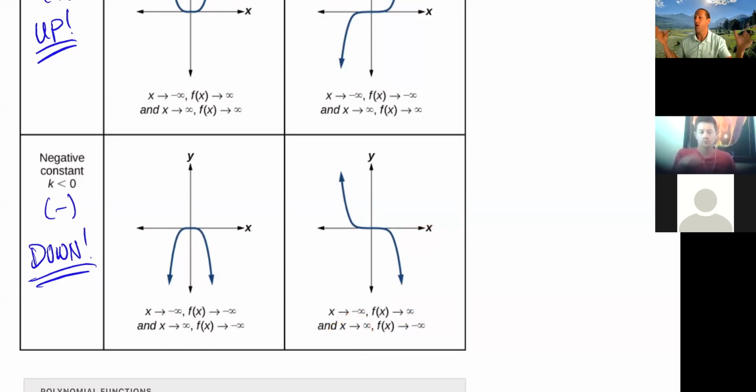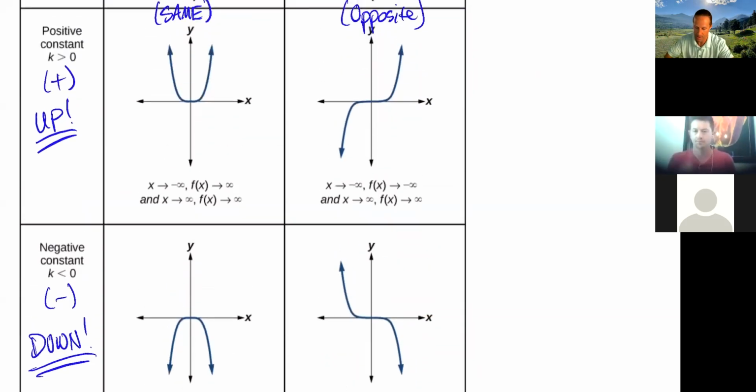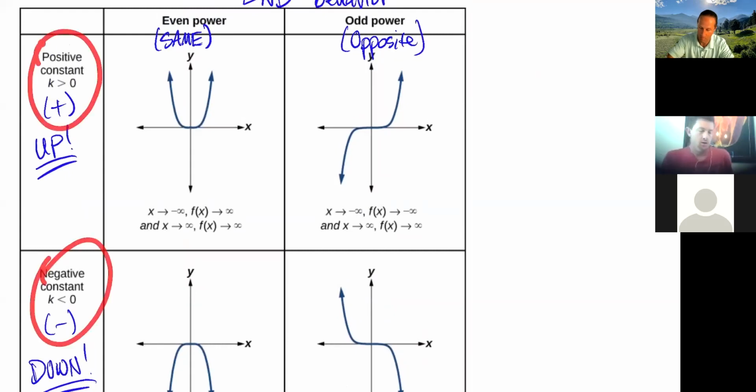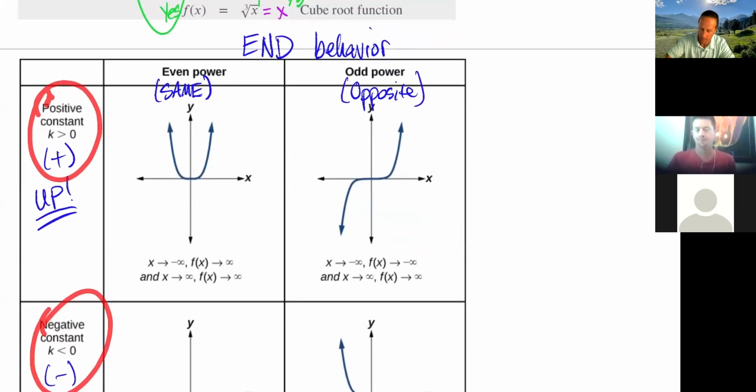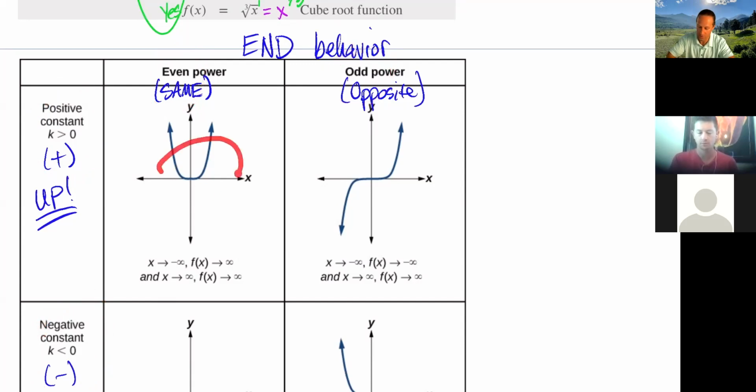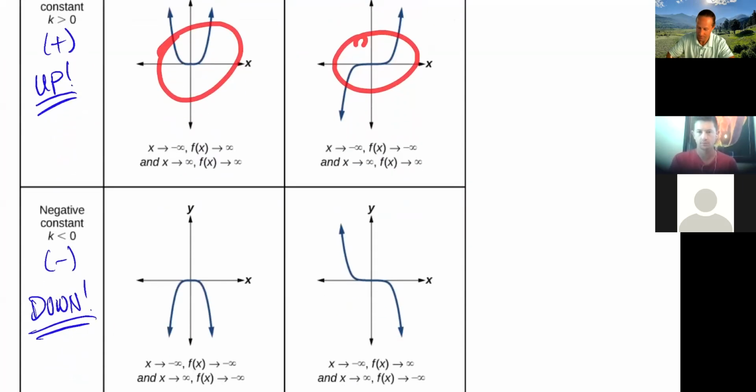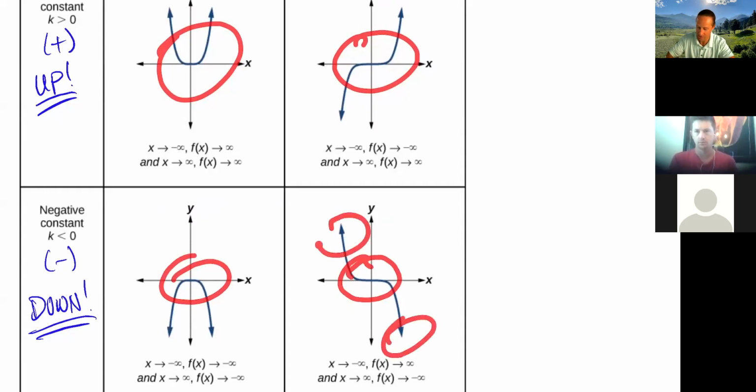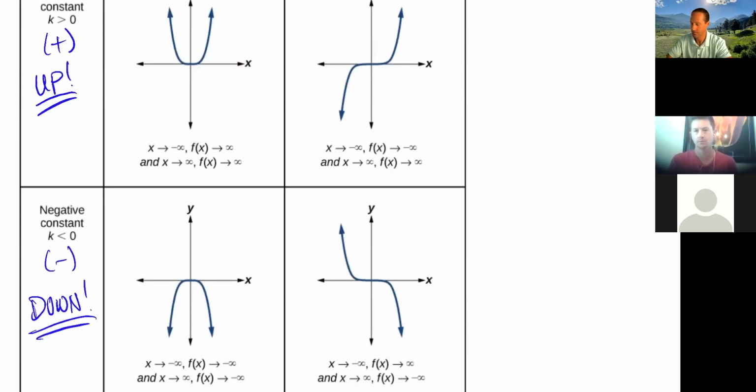And you can tell all of that just by whether the number in front and the highest power is even or odd. Pretty cool. All the other stuff that goes on in the middle, we don't really care about just yet. We're just talking about the extreme left and right and how it ends.